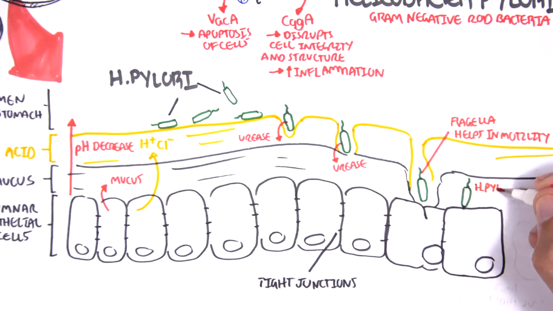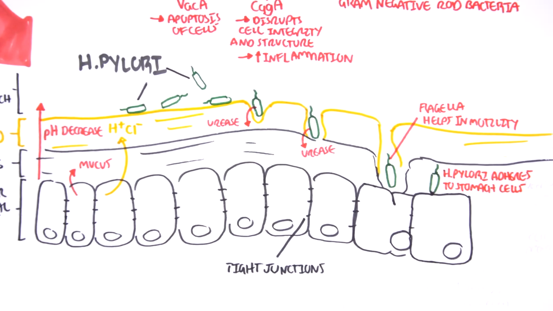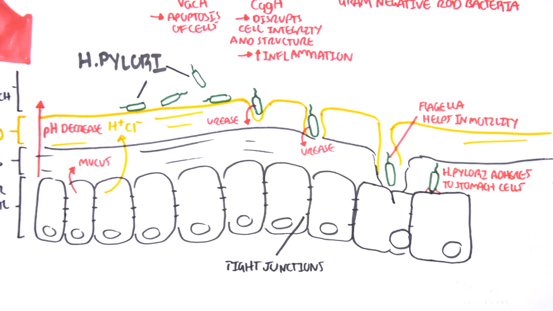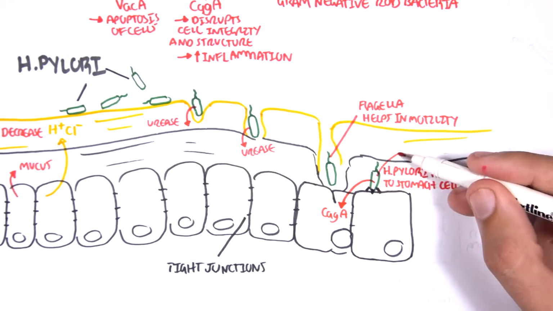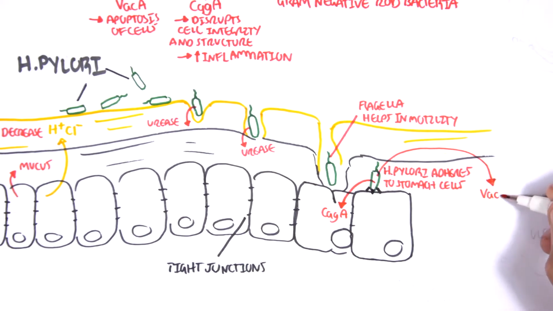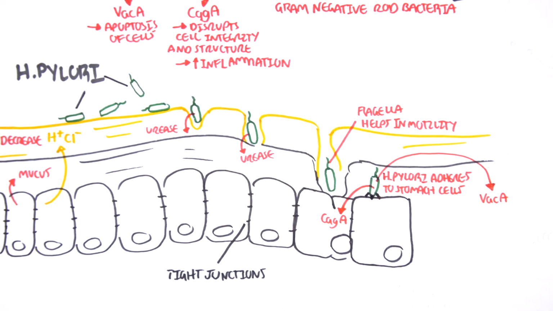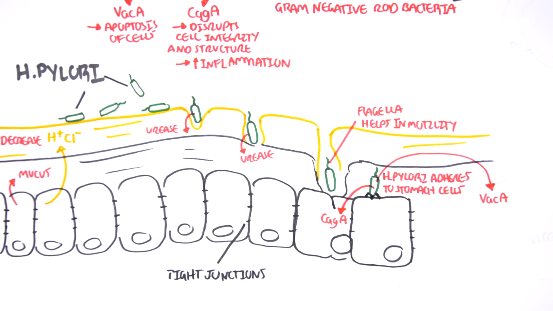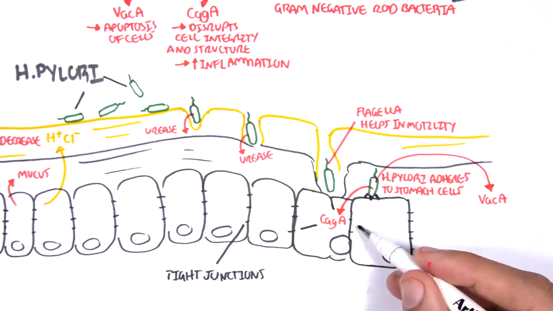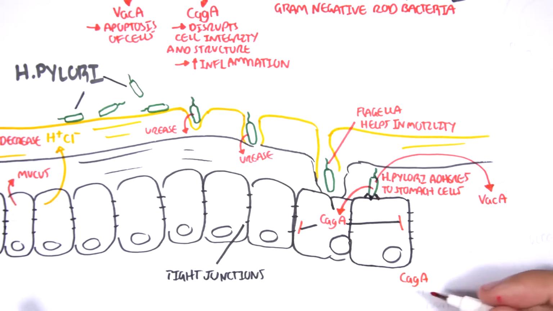Once it makes contact with the stomach cells, it can adhere to them using lipopolysaccharide. And once H. pylori adheres to the stomach cells, it can secrete these dangerous exotoxins such as CagA and VacA. And as I mentioned, CagA disrupts cell integrity and essentially breaks down these tight junctions between the stomach cells.